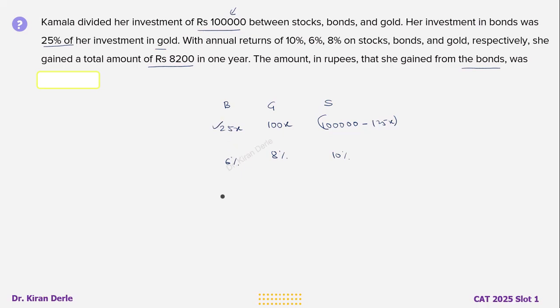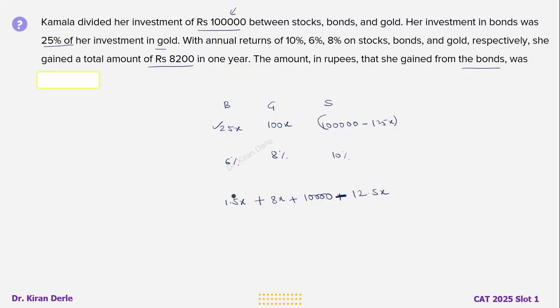So 6% of 25x, 25 into 6, is 1.5x she got on bonds. 8% of 100x is 8x on gold. And 10% of this value, which is 10,000 minus 125x, is 10,000 minus 12.5x, right?